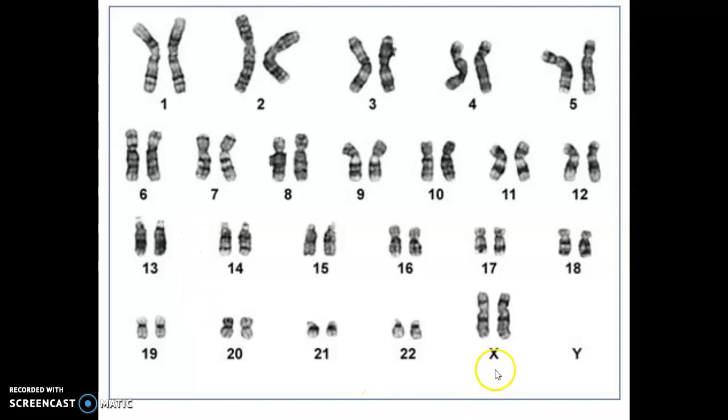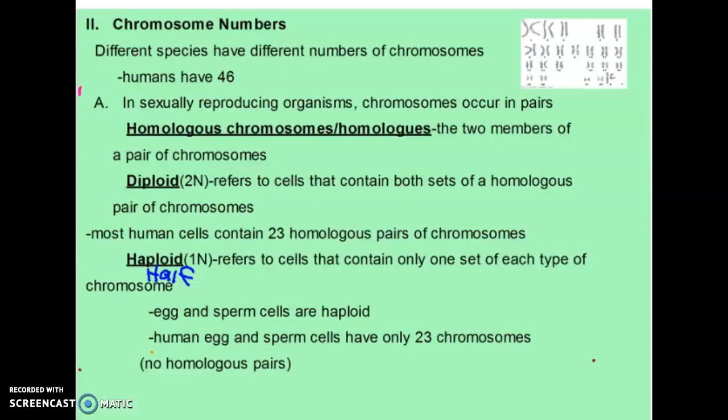But sometimes, like with X chromosomes, there's an extra one, and there aren't a lot of problems that show up until a little bit later in life. So you'll notice that when you go through the lab. I also want to show you a larger picture, because the one on the slides is really small.